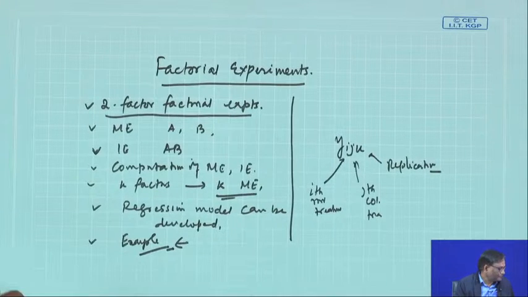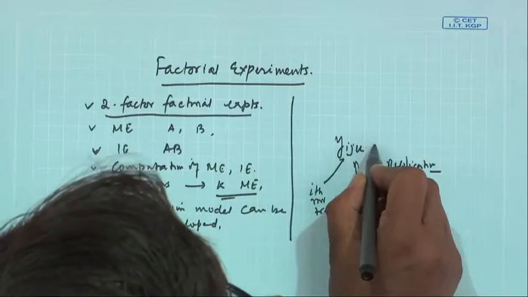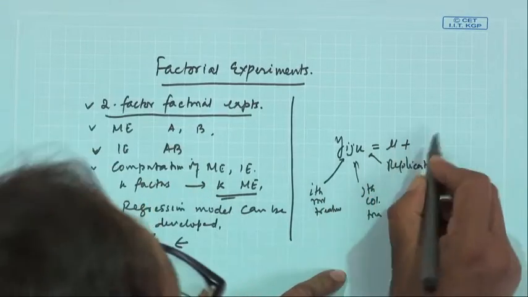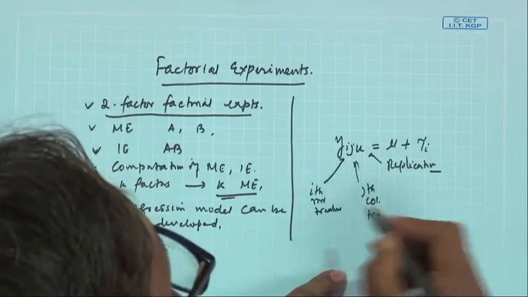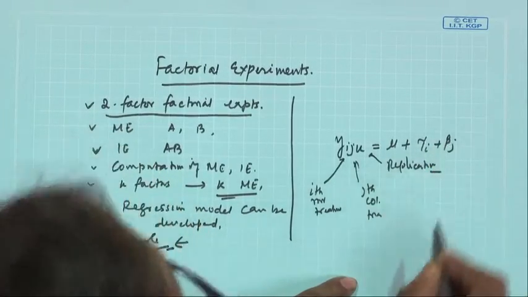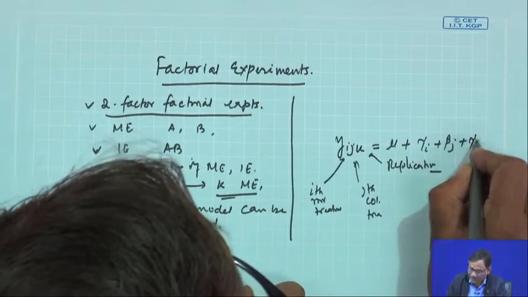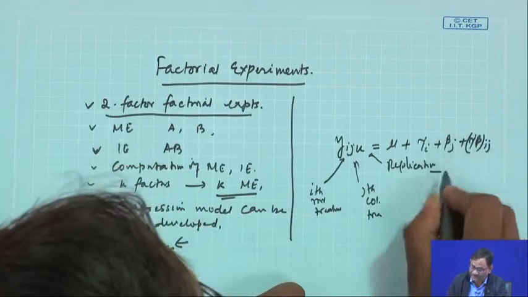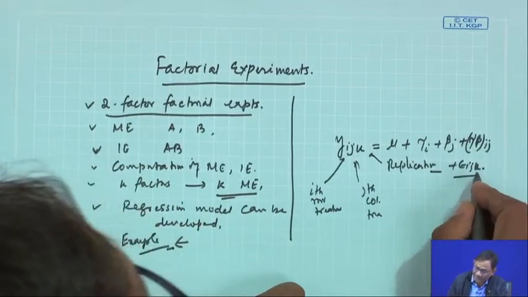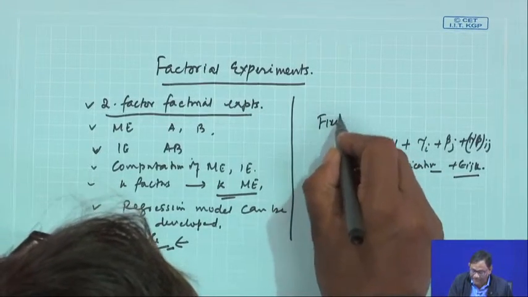Then we have seen that y_ijk equals mu, the grand mean, plus tau_i, the ith row treatment effect, plus beta_j, the jth column treatment effect, plus (tau beta)_ij, the interaction effect, plus epsilon_ijk, the error term. This is our fixed effect model.